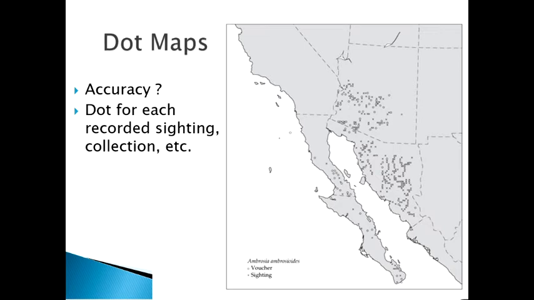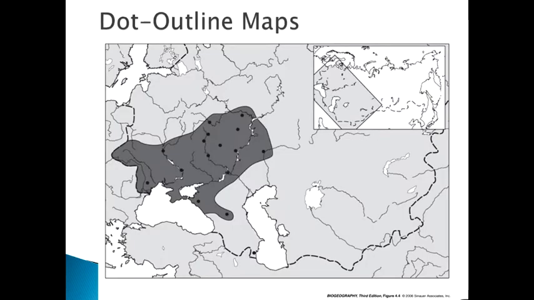Vouchers are the term that we use typically for data that's been collected by someone else and deposited either in a museum or a state survey or some official entity. And then, of course, you can have hybrid maps that have both dots of occurrences or vouchers, and then an outline of some sort of idea of range.